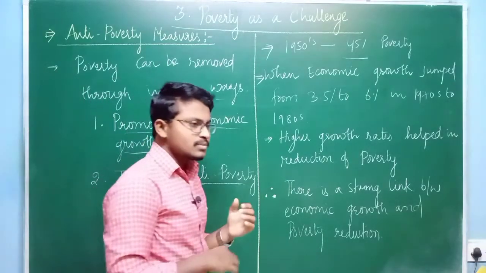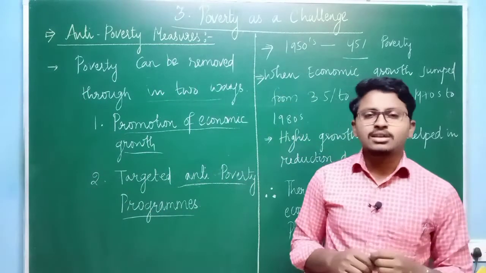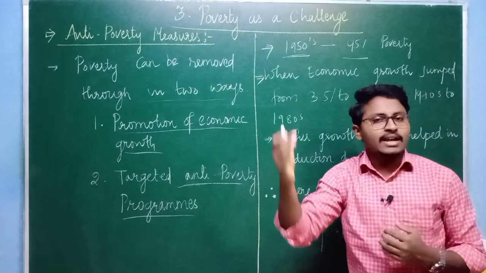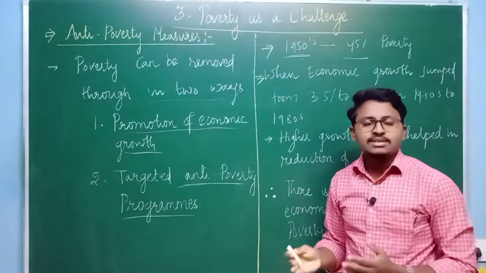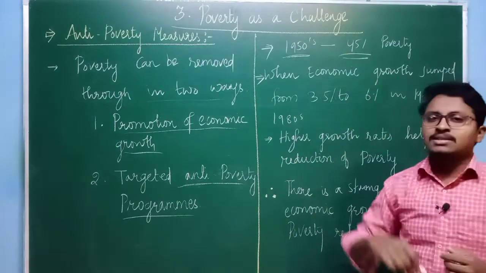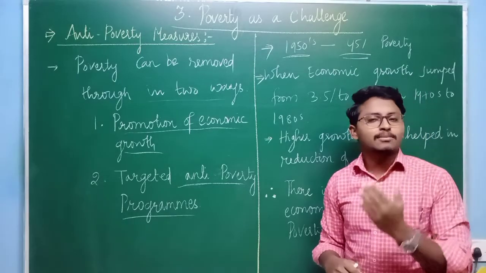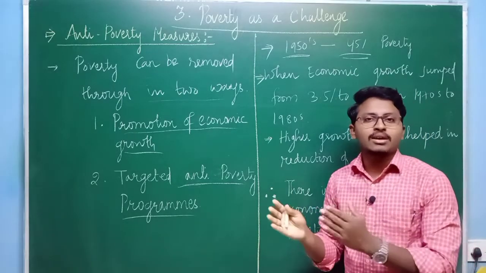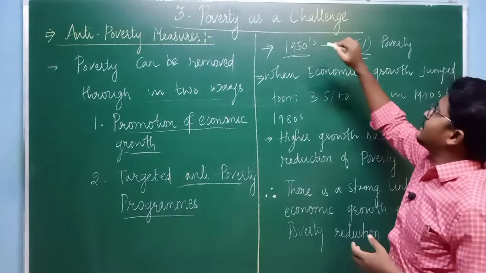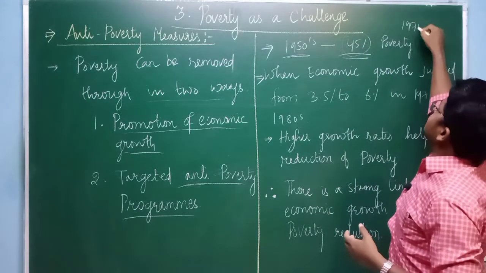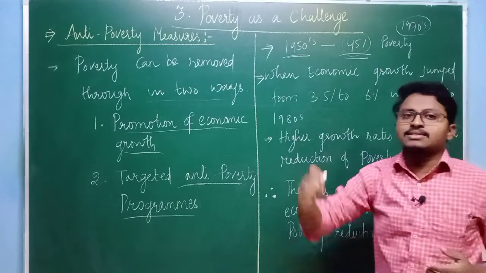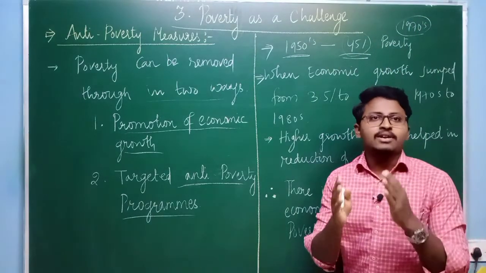How economic growth has reduced poverty is that, during the independence time, that means 1947 and the 1950s, the rate of poverty in India was somewhere around 45%. That means out of 100 people, 45 people were living in poverty. And this kind of poverty continued till the 1970s, and the reason is that from the 1950s to the 1970s the rate of economic growth was very slow.